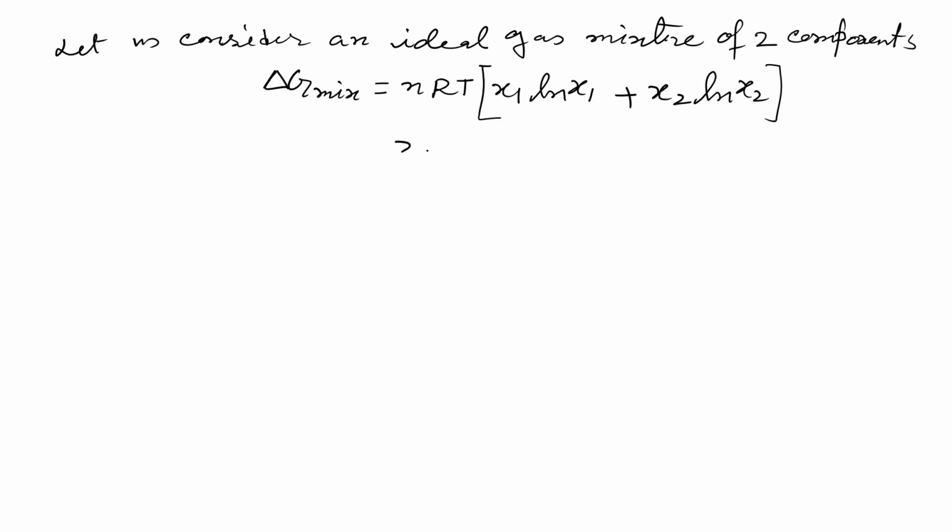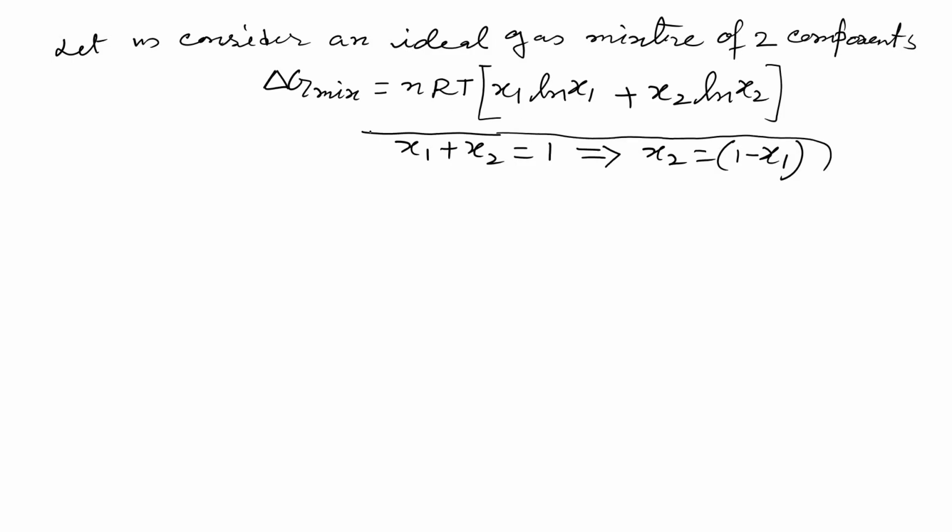We know that x1 plus x2 is equal to 1. Therefore, what can we write? x2 is equal to 1 minus x1.